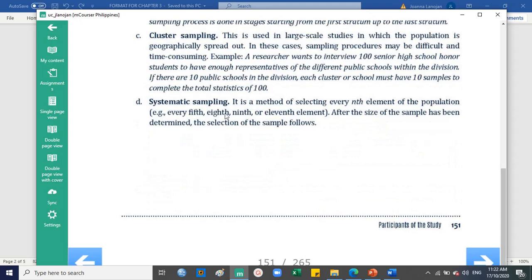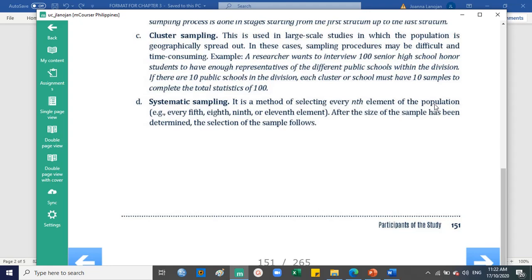And then systematic sampling. This is a method of selecting every nth element of the population, for example, every fifth, ninth, eighth, or 11th element. After the size of the sample has been determined, the selection of the sample follows. For example, your population is, let's say, 200 students.